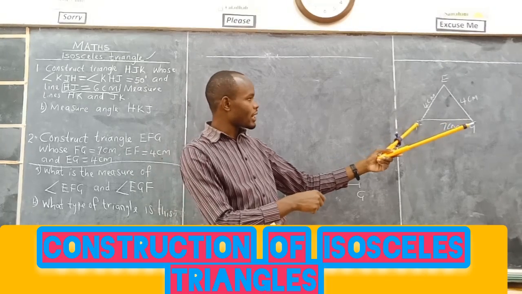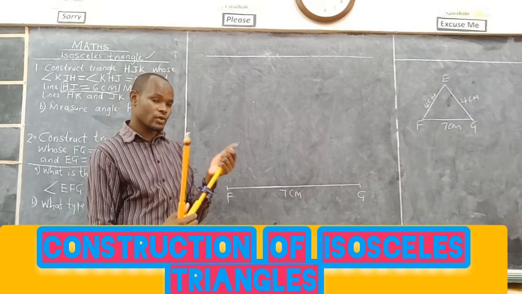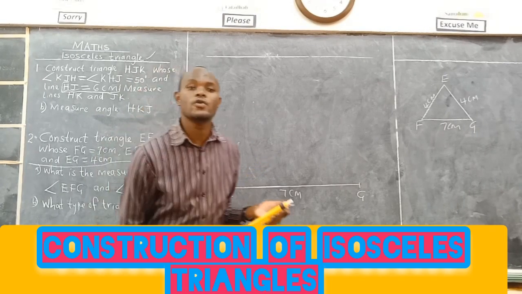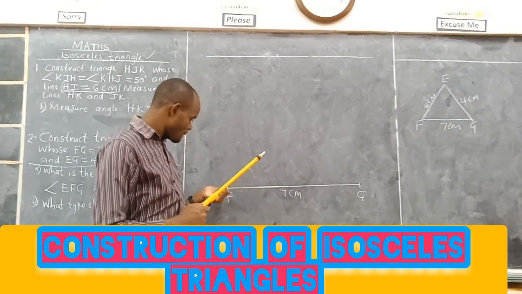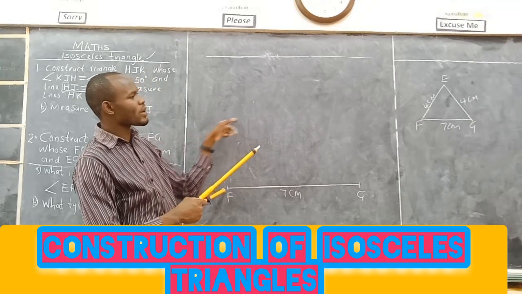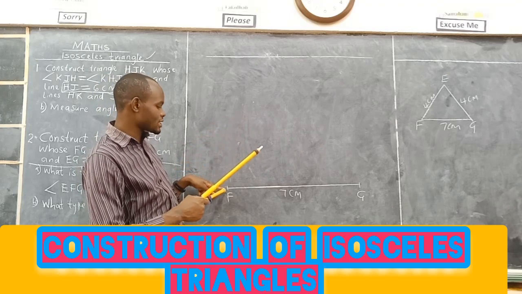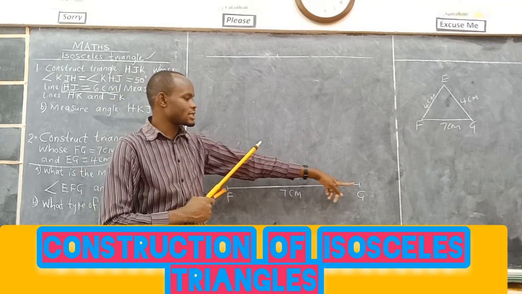Now we are drawing from F to E, which is 4 centimeters. So let's move together. From F, we can't locate where E is. For us to locate E, we must draw 4 centimeters from F and 4 centimeters from G.